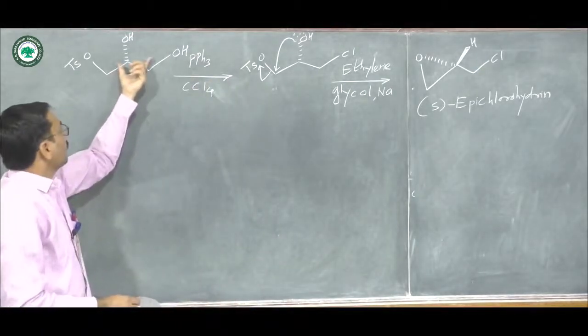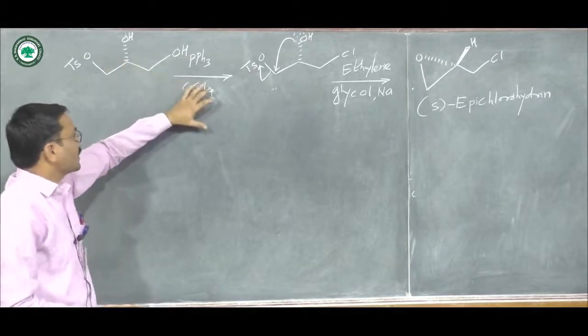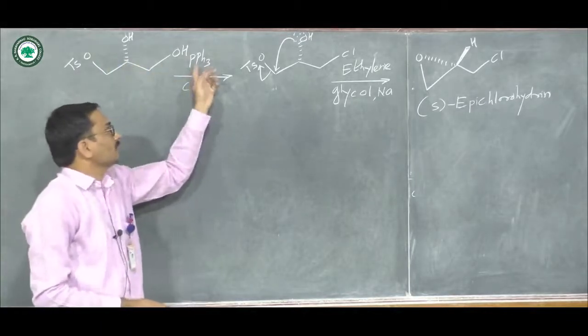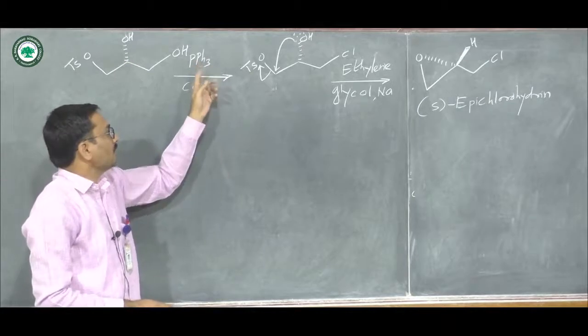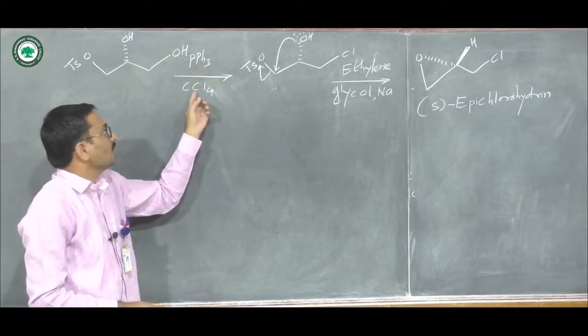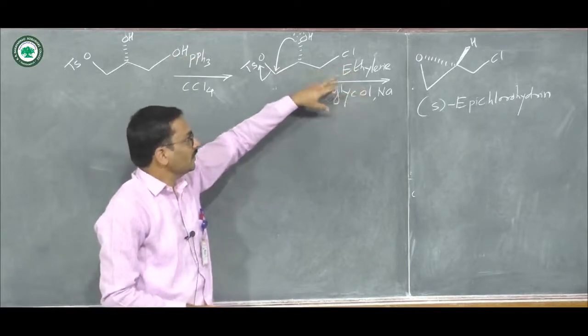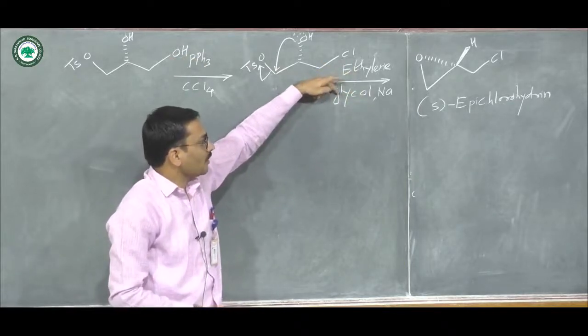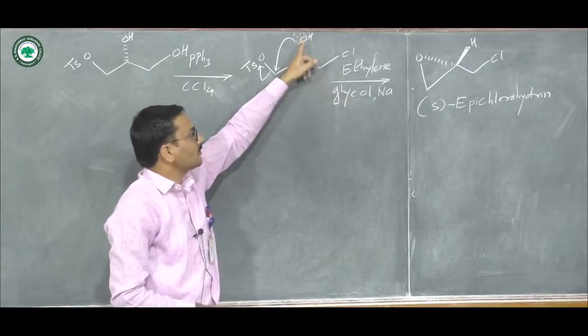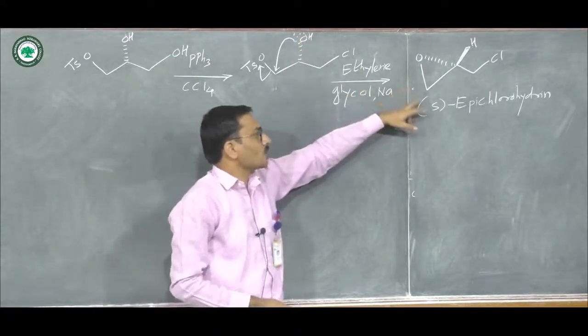This diol with OTs compound is initially allowed to react with triphenylphosphine in presence of CCl4. So this OH converts into Cl. In the next step, in presence of ethylene glycol and sodium, there is formation of an epoxide compound.